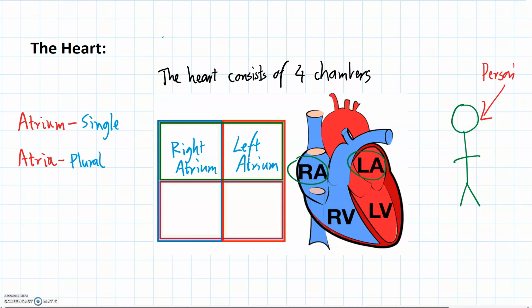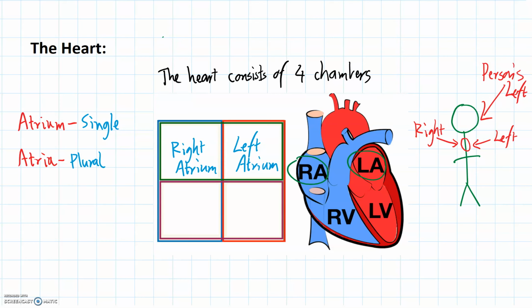So the person's left is on the right when we're looking at a picture of the person. And that's the way we name organs, including the heart as well. So if we're looking at the heart, which is inside that person, then the left side of the heart is on the right, and the right side of the heart is on the left. So you have to reverse all your thinking when you're naming the parts of the heart.